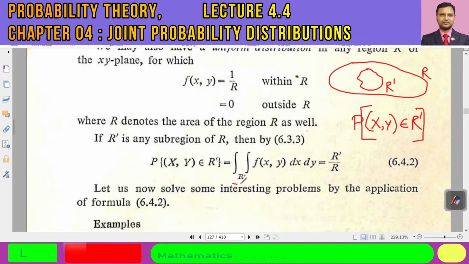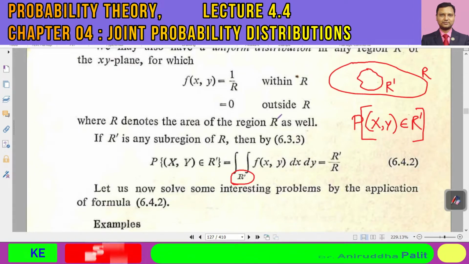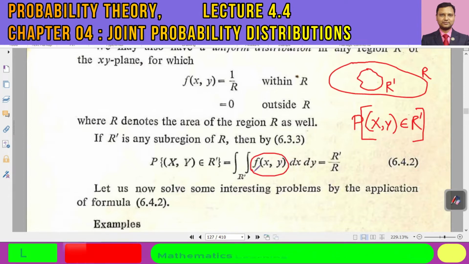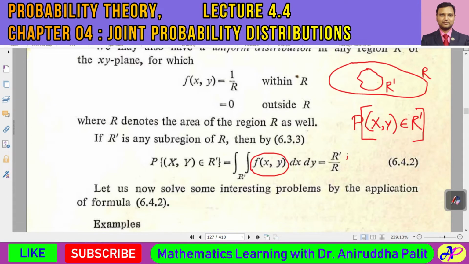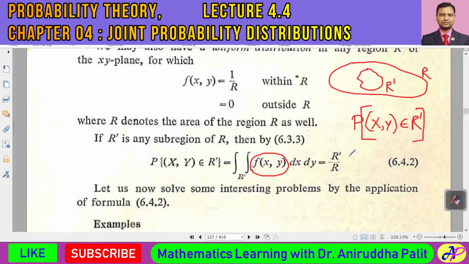We need to integrate the density function over this region R prime, and because the value of the density function is equal to 1 by R, in place of f of x we can put 1 by R and then integrate. After integration, we will have simply R prime divided by R. So you see, computation of probability becomes very easy over here.